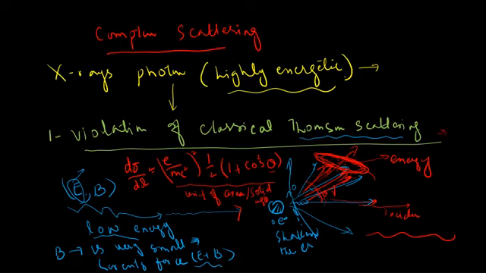Now I will tell you how these high energy radiations violate classical Thomson scattering, and instead of classical Thomson scattering, we observe Compton scattering.